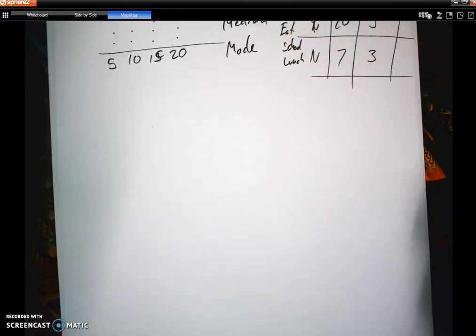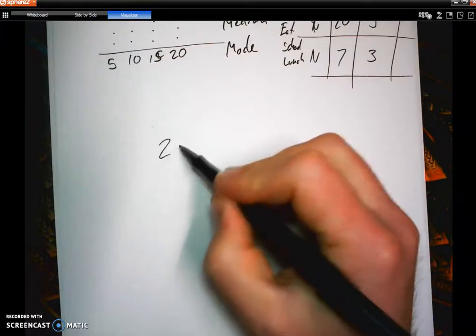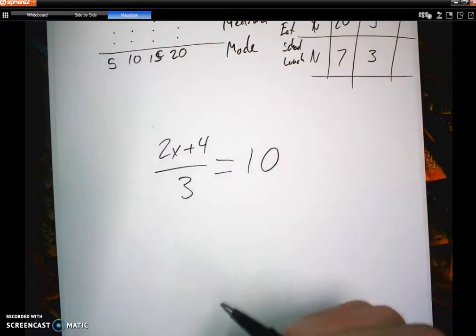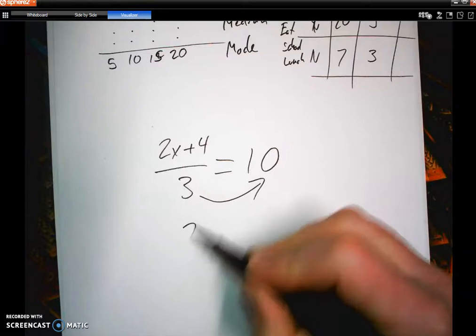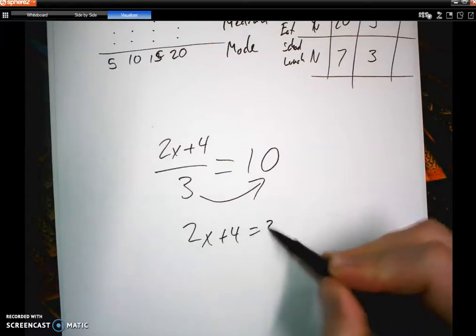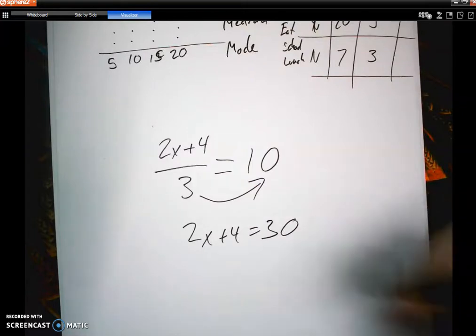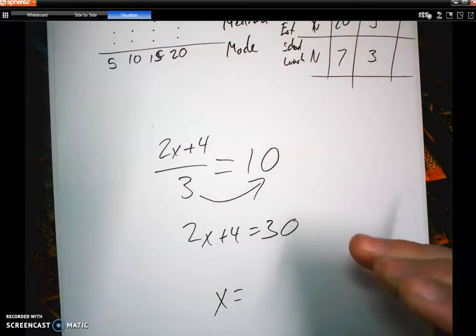Another thing you're definitely going to be seeing on this is how are you at solving equations? How are you at taking a simple equation, multiplying by 3 on both sides, subtracting 4, dividing by 2, and figuring out what x has to be in order for this whole thing to equal 10?